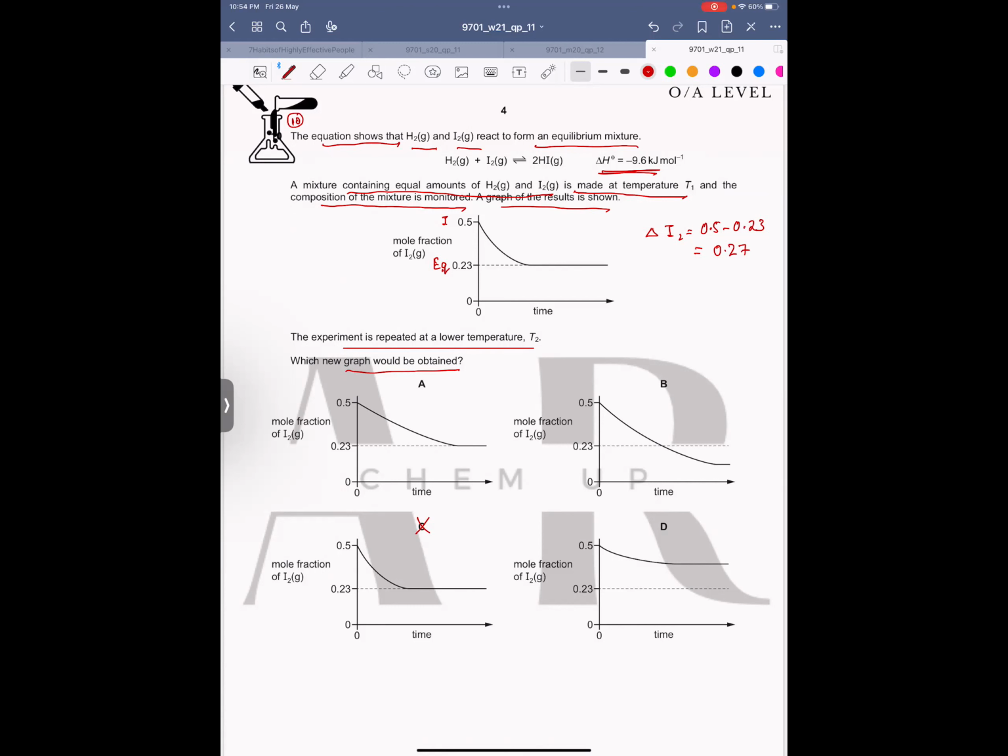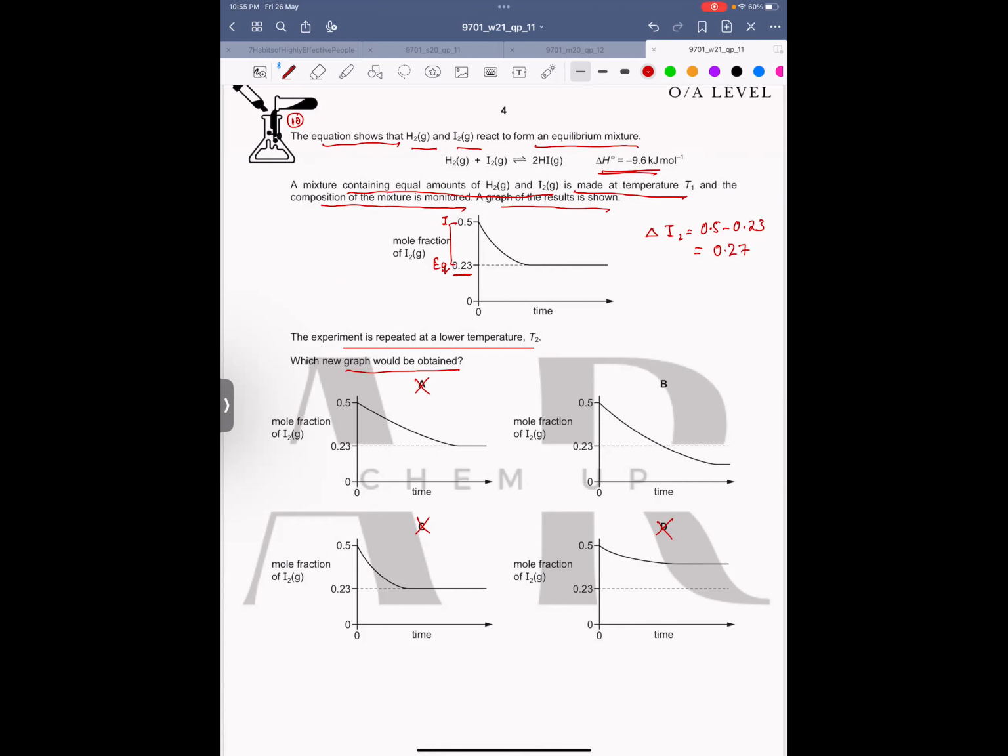So if we are getting this much decrease initially, then at lower temperature the decrease would be greater. So D goes wrong because D has a lesser decrease. A would go wrong because A has an equal decrease as the initial case.